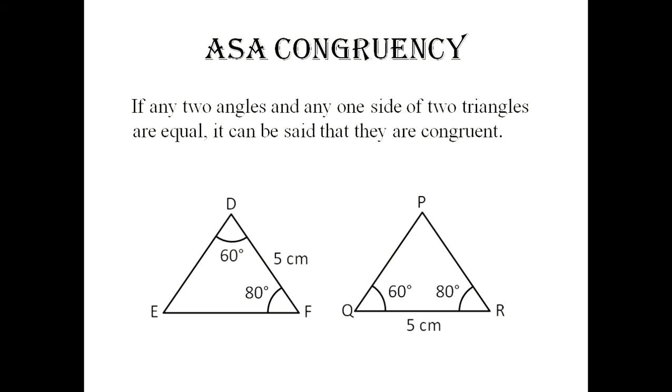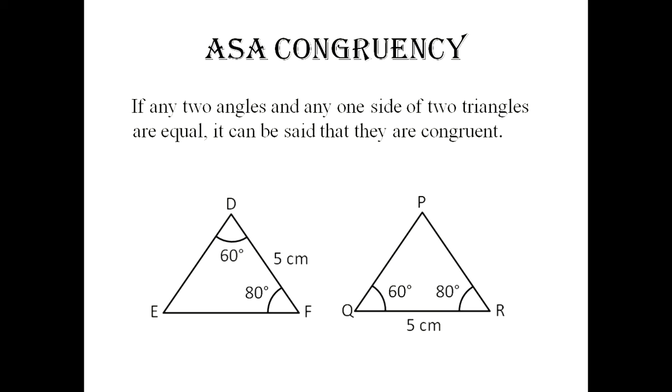Now moving to ASA congruency. In ASA congruency, if any two angles and any one side of the two triangles are equal, it can be said that they are congruent. Now if we look at the first diagram, one angle is 60 degrees, and in the second diagram also one angle is 60 degrees.